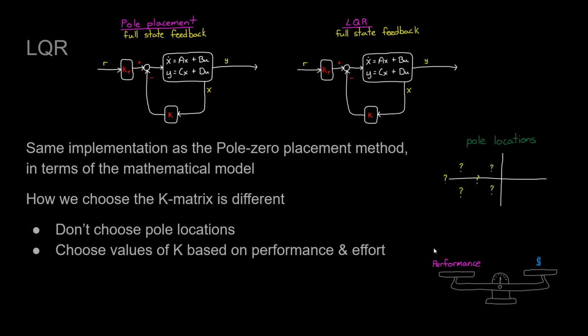Instead, it still does the pole placement kind of, but with two values saying how much performance costs you, and how much effort costs you, and then you put them together as a summed value, basically for cost.